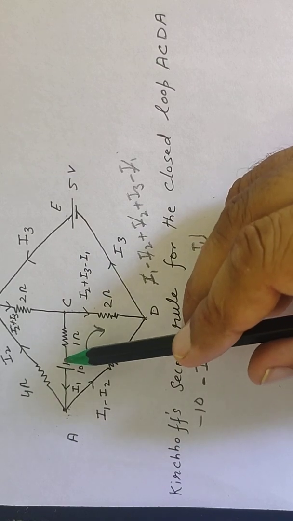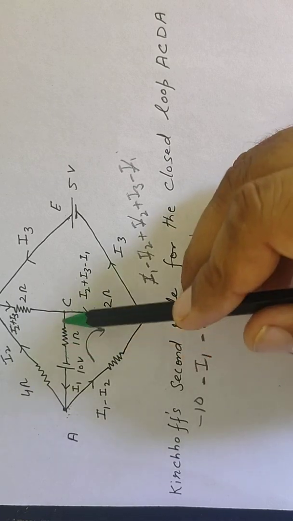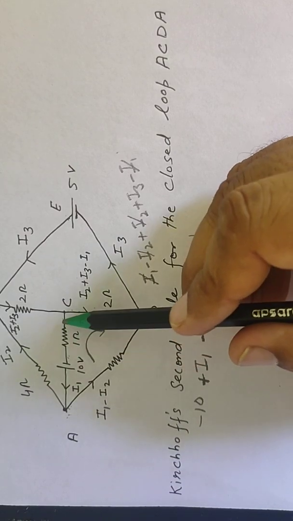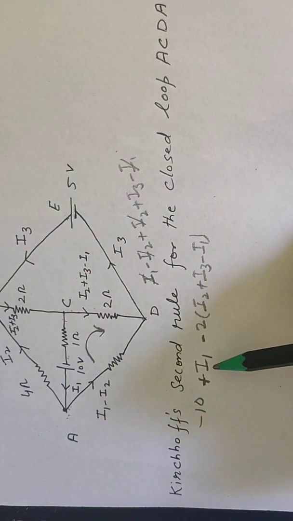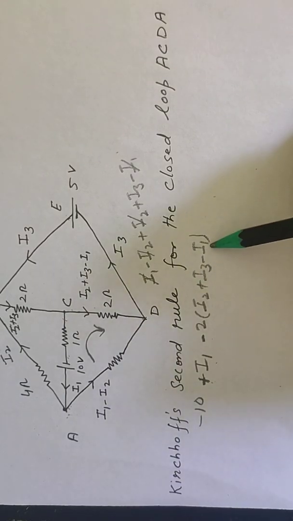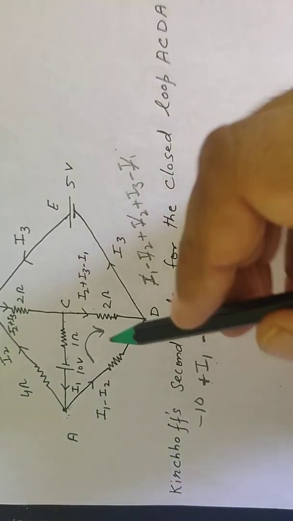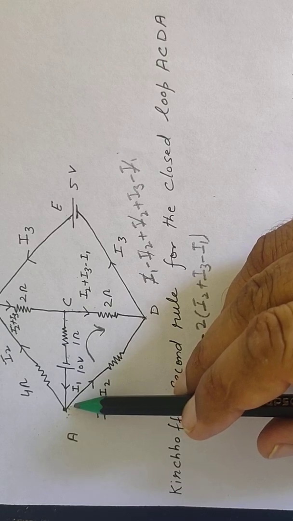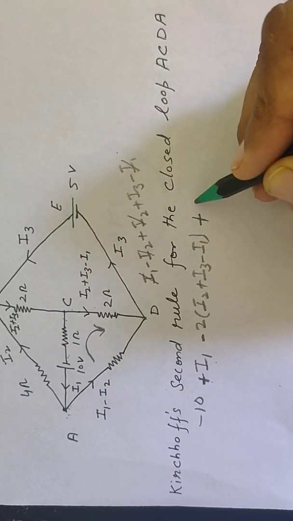Here you see we are going from low potential to high potential, so this is plus I1, because when we go from low potential to high potential we get a positive sign. So here we get plus I1 minus 2 times I2 plus I3 minus I1. Now we go from this side, from low potential to high potential, and we get a positive sign.